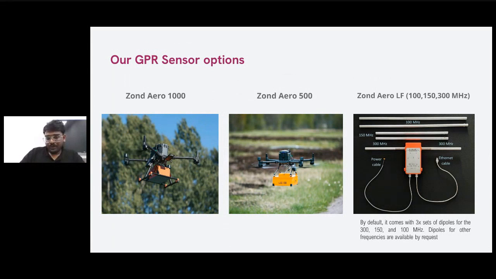These two, the Sound Aero 1000 and the Sound Aero 500, are high frequency GPS systems. So they are most appropriate for situations where you need to detect smaller objects at a lower depth.